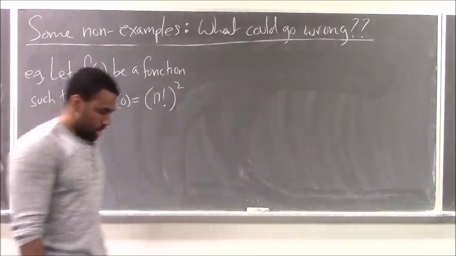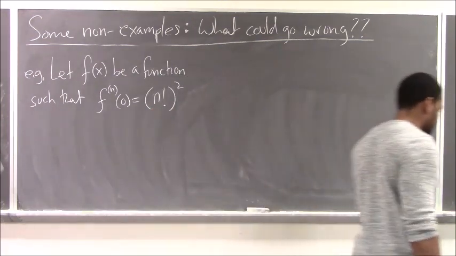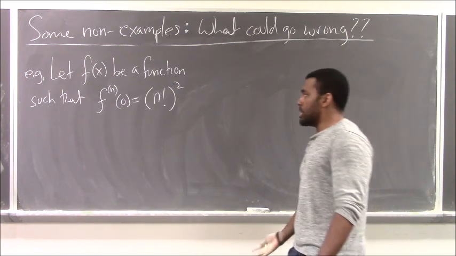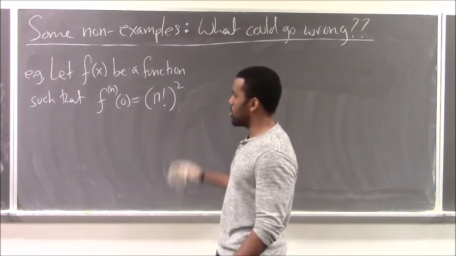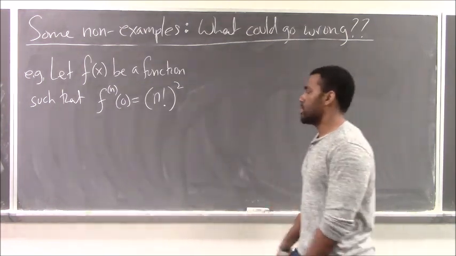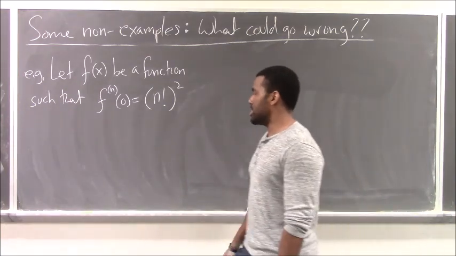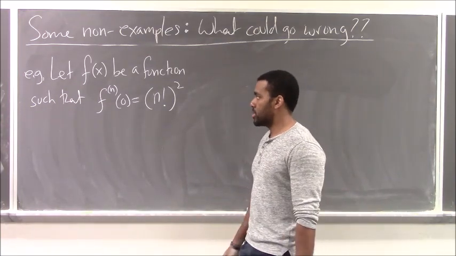Now, like I said, I can't write down a meaningful definition for that function now, but you can imagine there is some function out there where when I differentiate it n times, evaluated at 0, you have this.